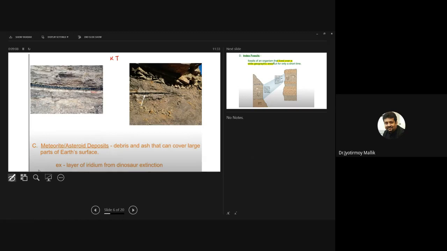Then you can observe this black layer here. If you find this iridium-rich layer, which is thought to be formed by a meteoric shower, these layers are also index horizons, which can be very easily used for correlation.